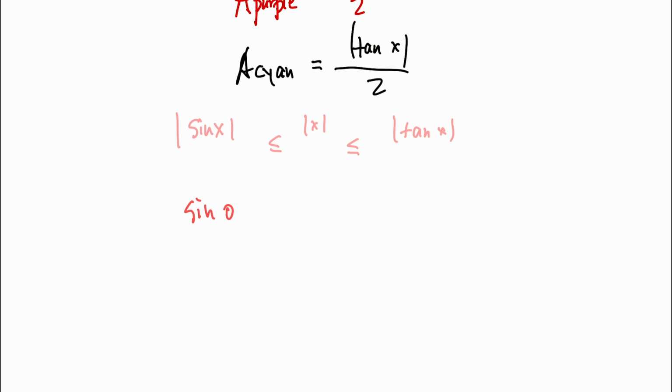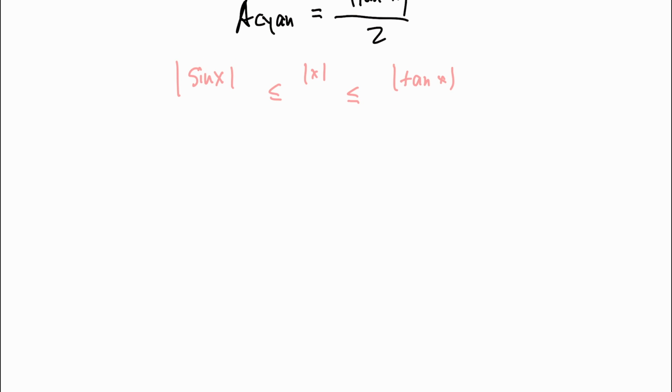Because if we divide all three sides by the absolute value of sine of x, this side would just go to 1. This side is the absolute value of x over the absolute value of sine of x, which is less than or equal to tangent of x.